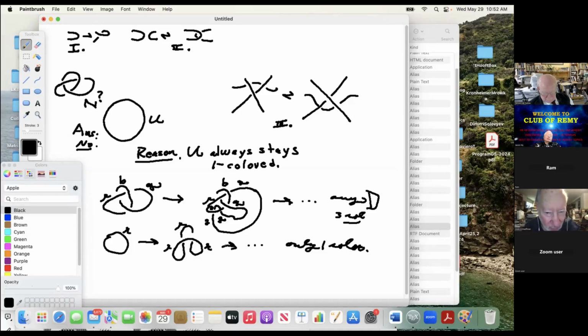This belongs to a 1-colored clan, and this belongs to a 3-colored clan, and they never meet. And so there isn't any way that you could move the trefoil knot around and end up at an unknot diagram, some complex unknot diagram, because the unknot diagram would only admit 1 color, whereas the trefoil knot diagram will admit 3.